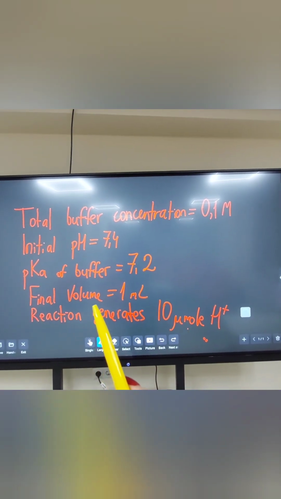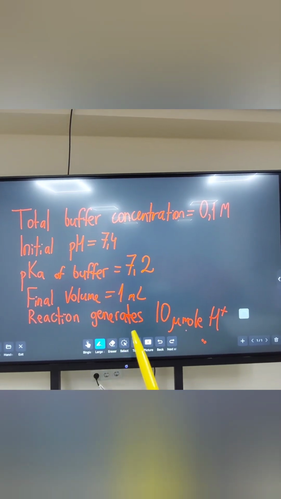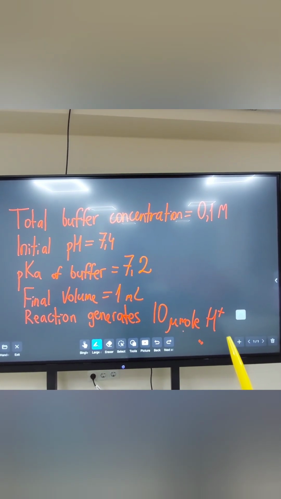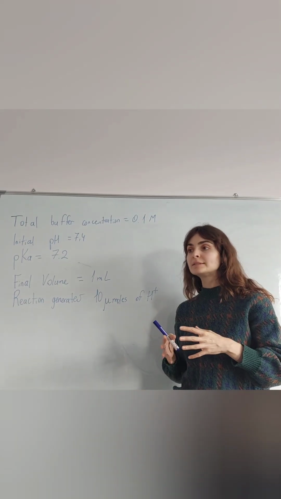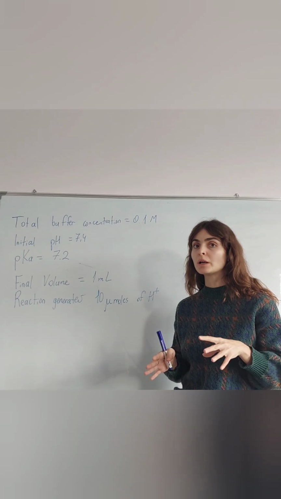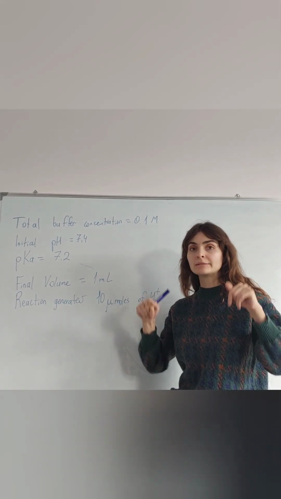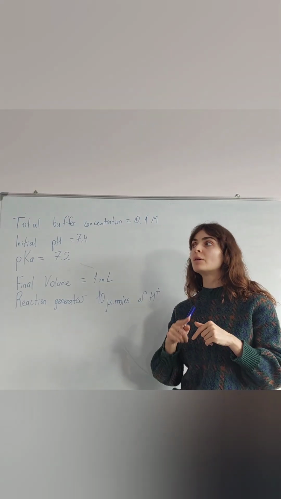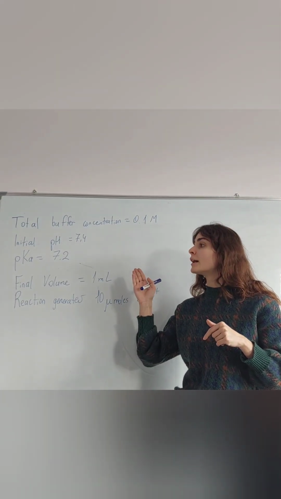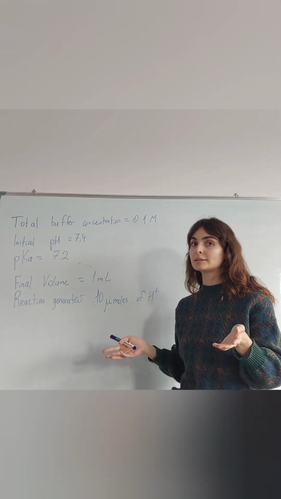Final volume was 1 milliliter, and the reaction generated 10 micromole of hydrogen ions, H+. That means that we have generated more protons. So one thing we know for sure is that our initial pH is going to decrease, become more acidic. So every option where the pH is above 7.4 is instantly eliminated.